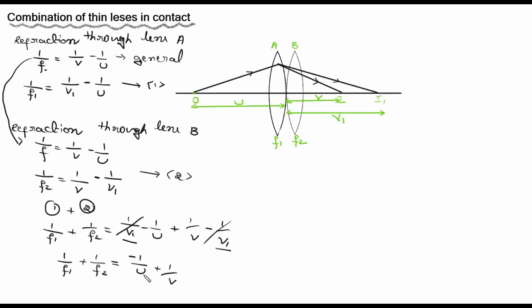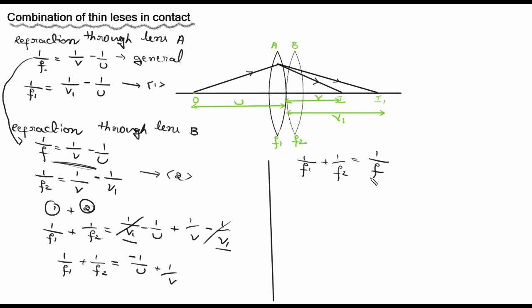From the general equation, this is 1 by f. So you can write 1 by f1 plus 1 by f2 is equal to 1 by f.